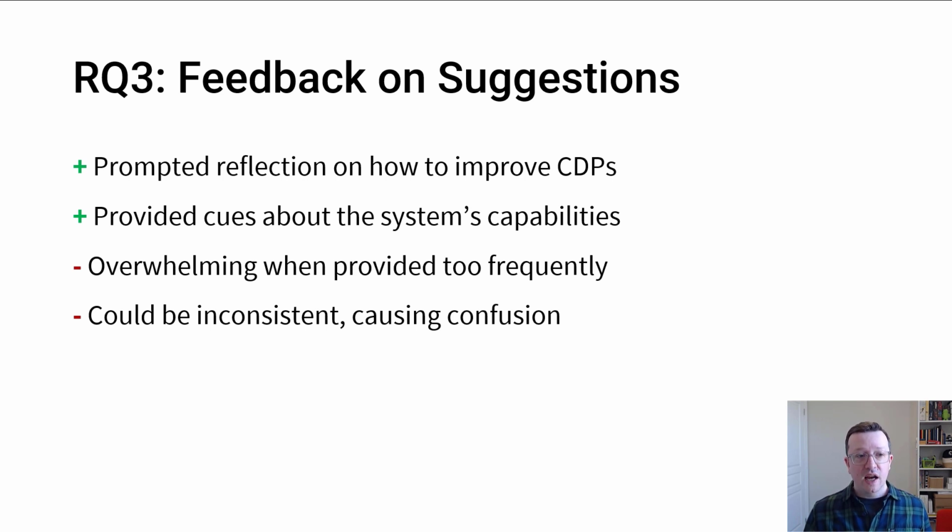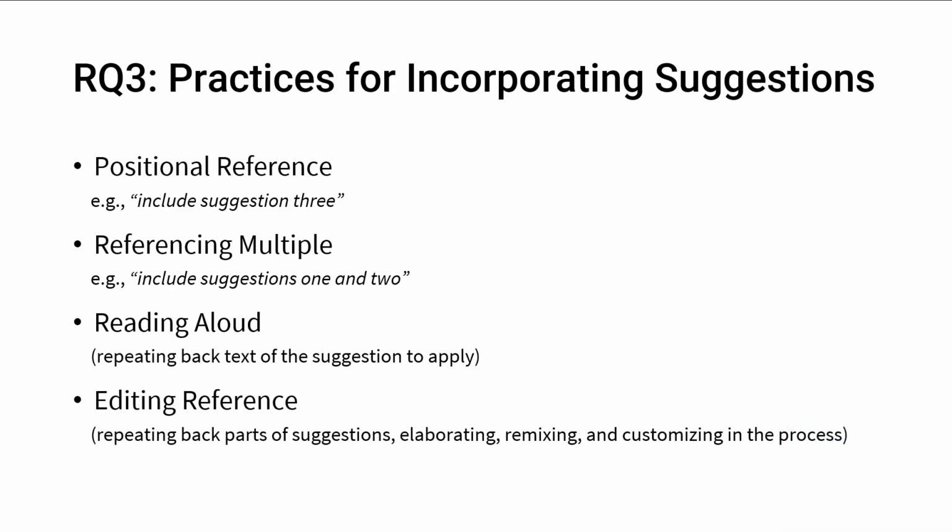On the negative side, at times they could find the suggestions to be overwhelming and sometimes inconsistent, which could cause confusion. In the current system, we always provided suggestions, and at times this could result in suggestions to narrow a concept, followed by a suggestion to broaden the same concept. And so these results really suggest that we need more sophisticated approaches for generating and deciding when to make suggestions.